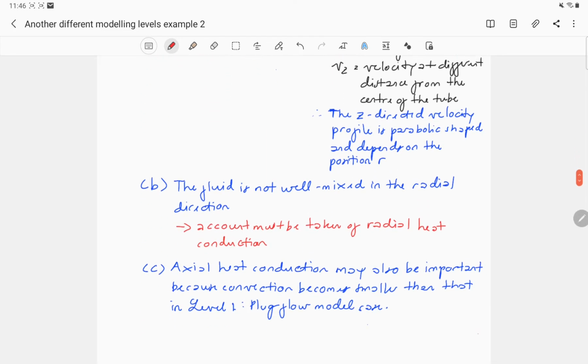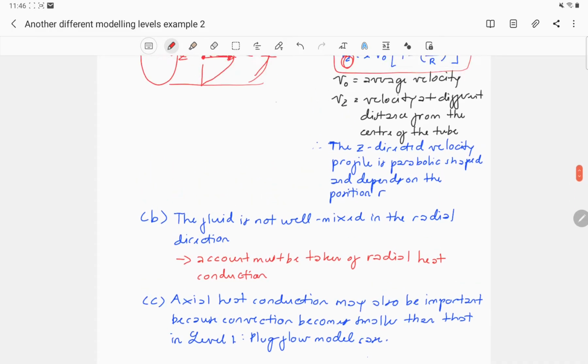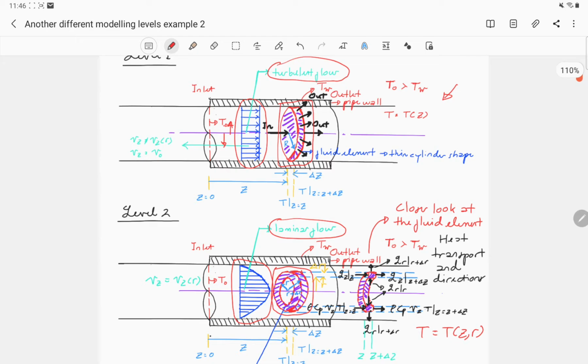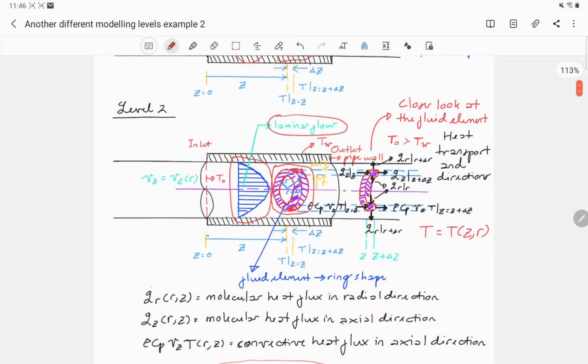And then the next assumption is that the fluid is not well mixed in the radial direction. So unlike the first example, where we basically ignore the heat transport in the radial direction, here we cannot. We have to take into account the heat in the radial direction, as implied by this closer look at the fluid element. These particular sections give you a closer look into this shell element, where we basically cut the shell element into two.